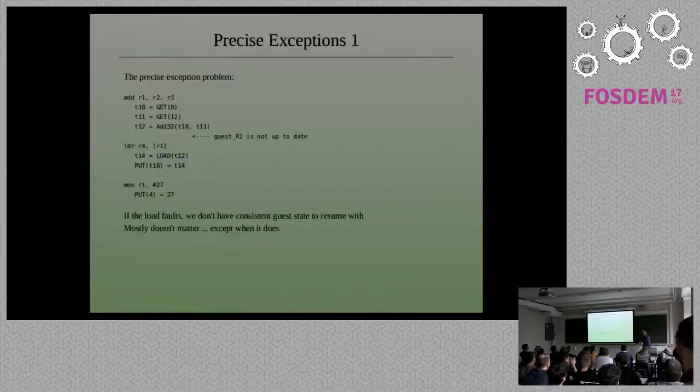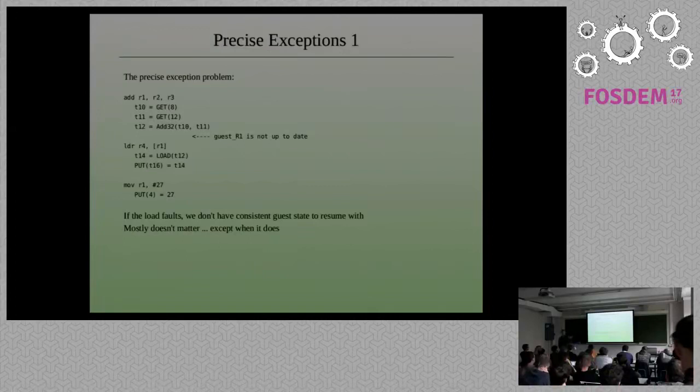So I wanted to talk about a different problem, which is kind of important as well. It's the precise exceptions problem. If we return to our little running example, originally here was a Put IR statement which wrote the value of R1 back into the guest state. And we've removed that because we see that we're writing R1 further down, and so this Put is going to overwrite the value.